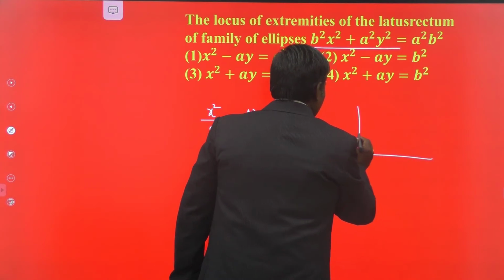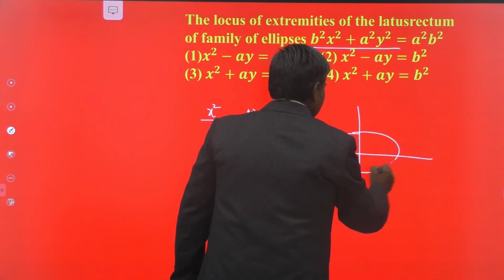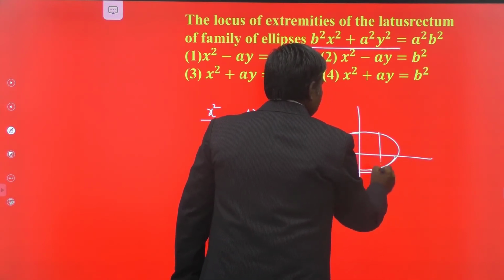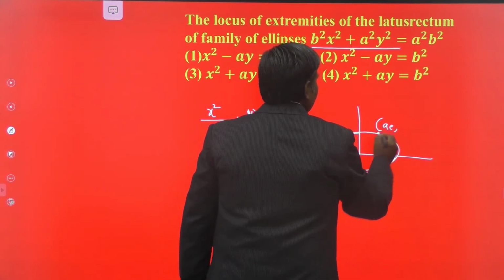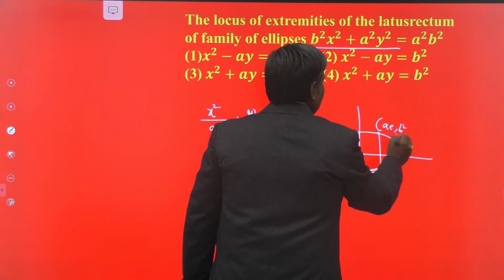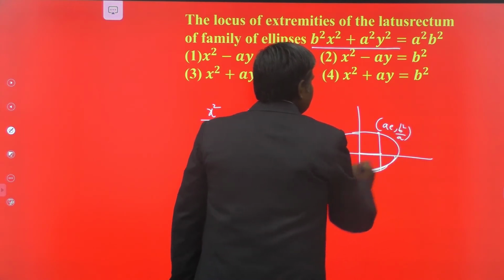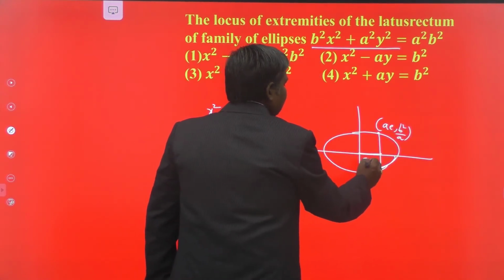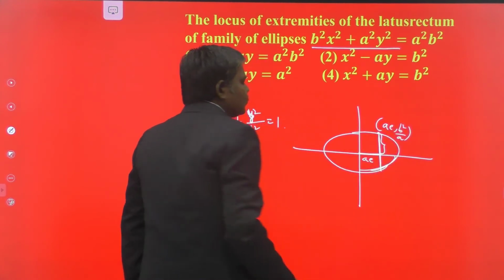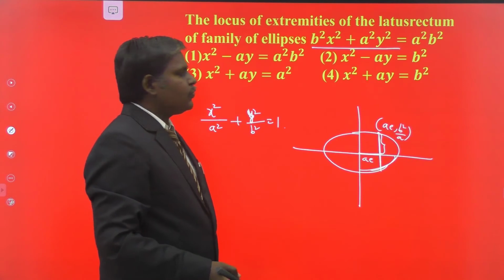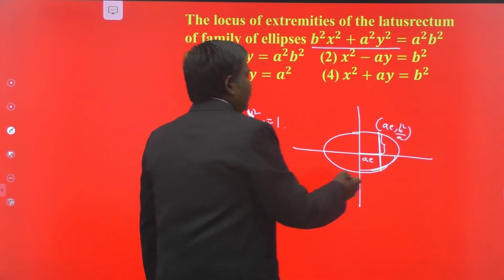So this is one of my ellipses. This is the latus rectum. It is the end of the latus rectum. What are the coordinates of the end of the latus rectum? AE comma b square by A. Since the distance from here to here is AE and the length of latus rectum is 2b square by A, its half is b square by A. You are going to find the locus of the end of the latus rectum.